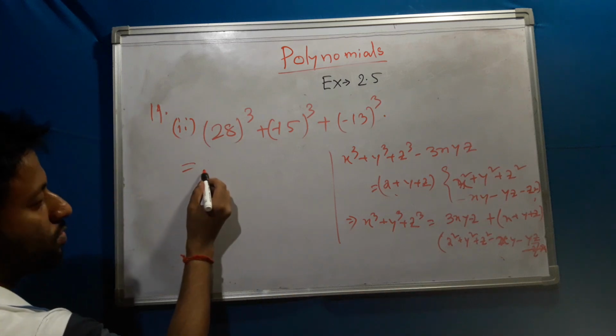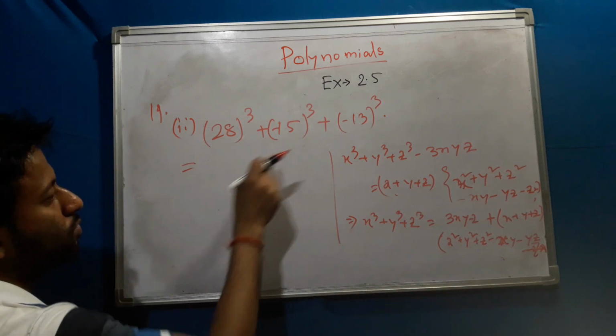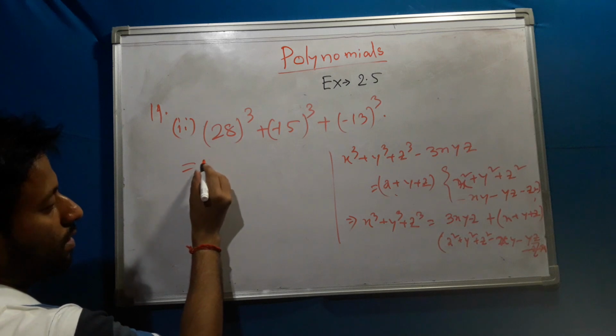Now I'm putting this one. So x cube plus y cube plus z cube. So what will be the result?